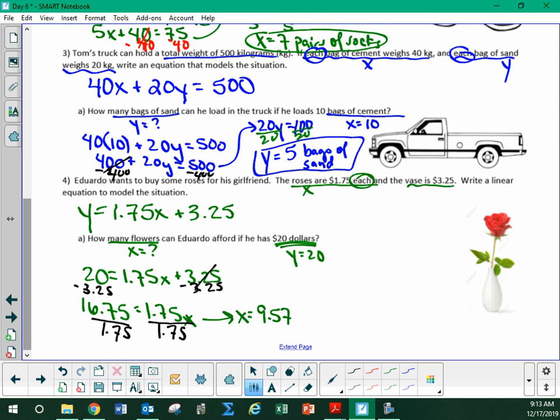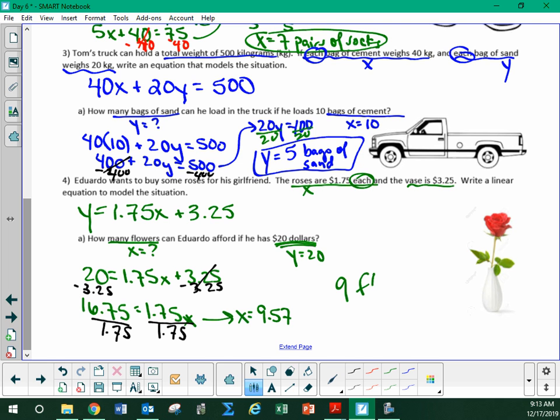What does x represent again? Flowers, right? Am I going to buy 0.57 of a flower? No, ideally the store sells them as whole flowers. So what's the most that he could buy then? 9 flowers, right? He can't buy that 10th one, but he can buy 9 flowers.